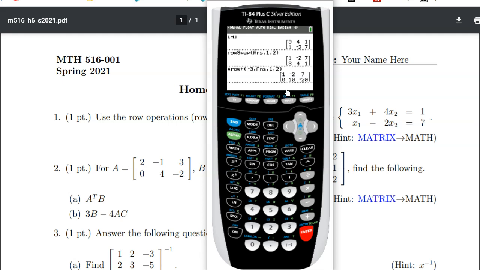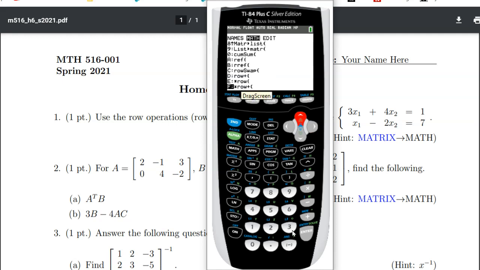So you can see that we could get the 0 here. The next step is we're going to turn this 10 into 1. The easy way to do that is to multiply by 1/10. So let's do that. I'm going to go to matrix again, do math with it, and then pick multiply row.